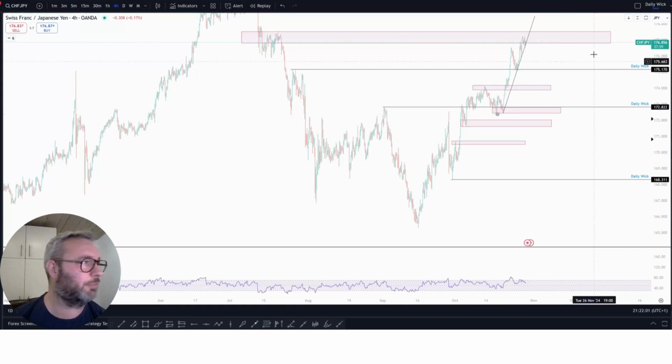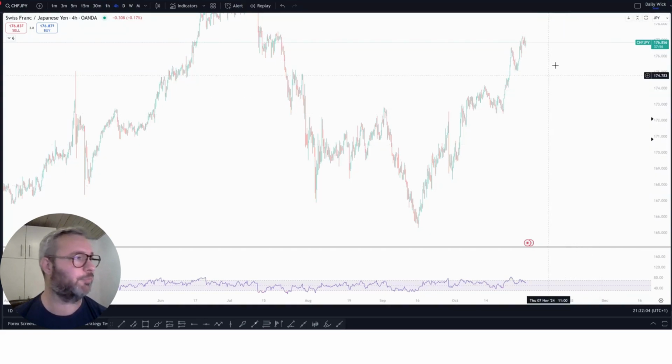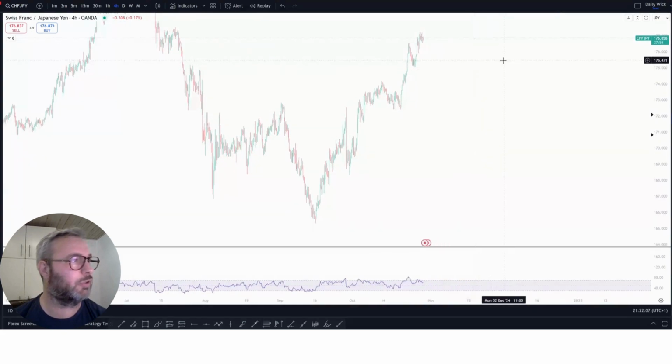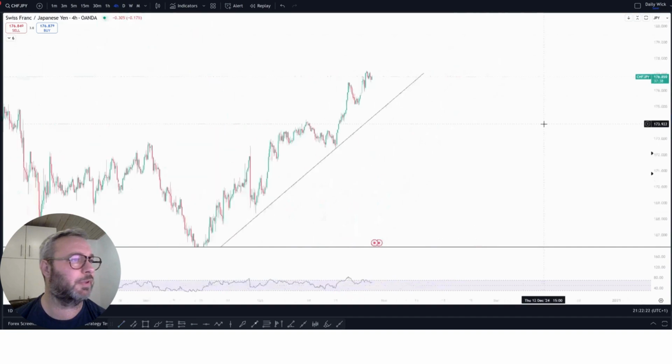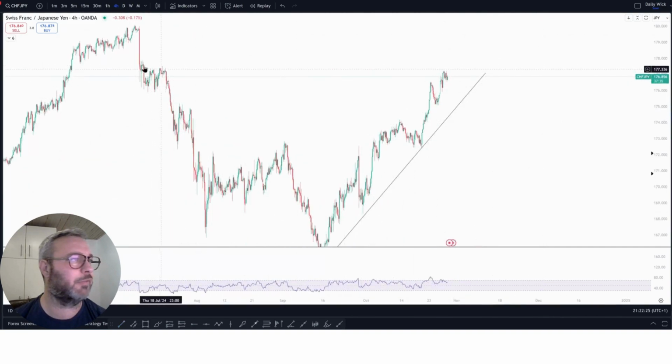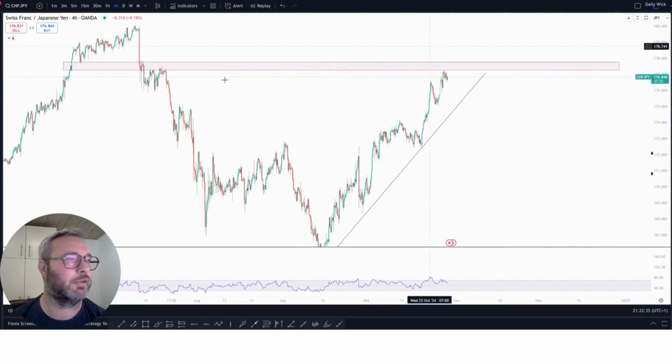Let's take CHF JPY and remove everything. So start with the trend line from down here. We have this larger one from here and here and here.